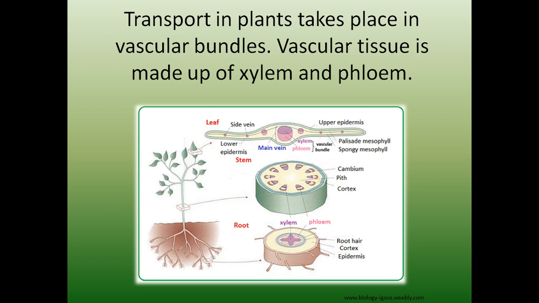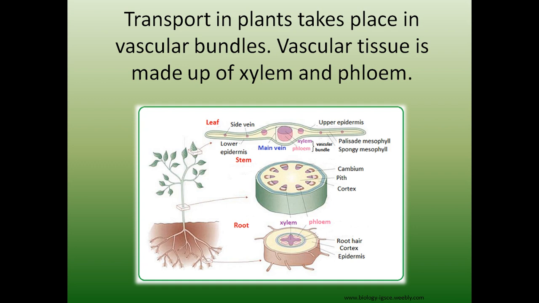Xylem, in which water and mineral salts are transported from the roots through the stem and to the leaves, and phloem, in which substances manufactured by the plant, for example sucrose or amino acids, are transported from areas where they are made, like the leaves, or areas of storage, to areas where they are needed, for example growing shoots or developing fruit.